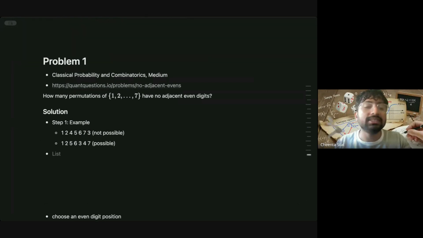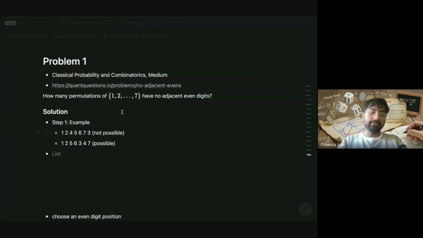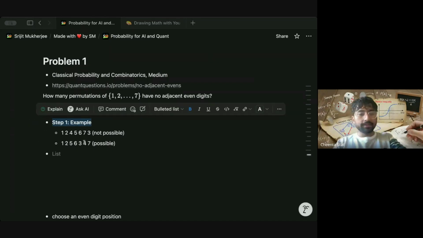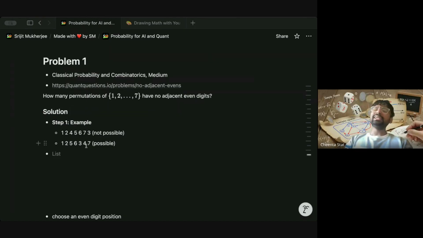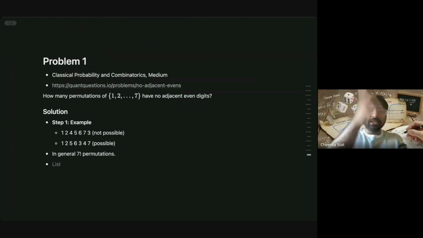So always step one is to take examples, because examples will make the path for your understanding of what you should do next. How many permutations are there? In general we have seven factorial permutations, right, 7 factorial, one for each place.